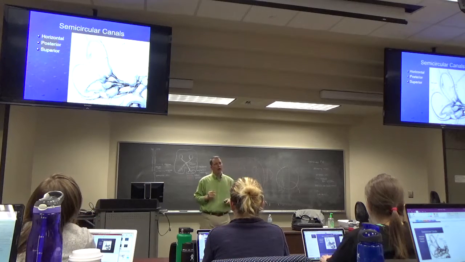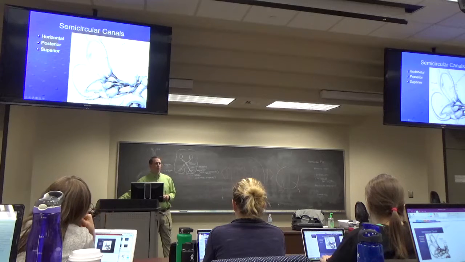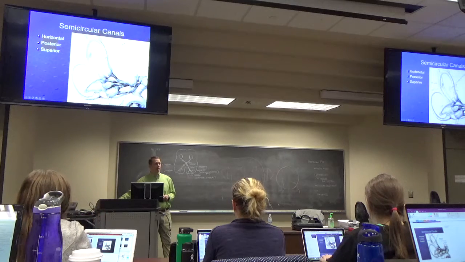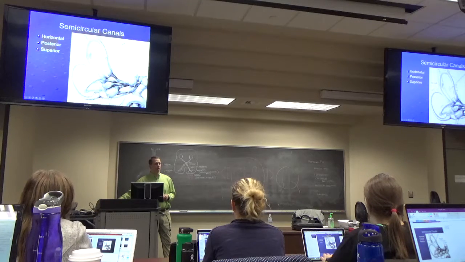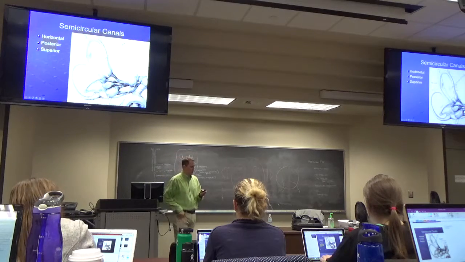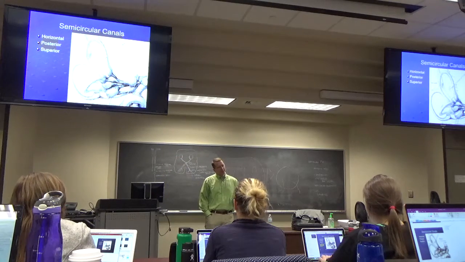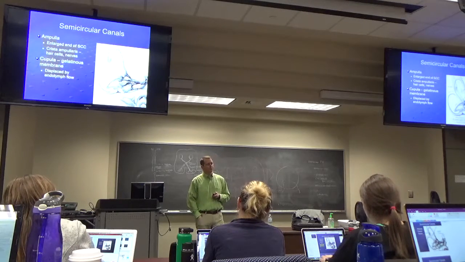The horizontal canal connects to the vestibule all by itself, so it has a non-ampulated end and an ampulated end. The posterior canal and the superior canal share a common joining spot, and we call that the common crus. And that has some implications for a disorder that we'll talk about here in a second.